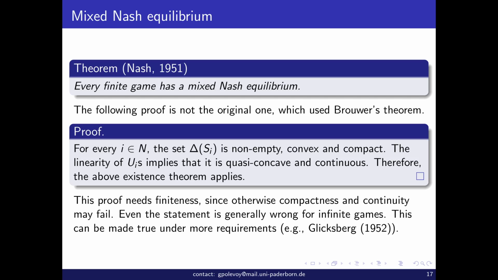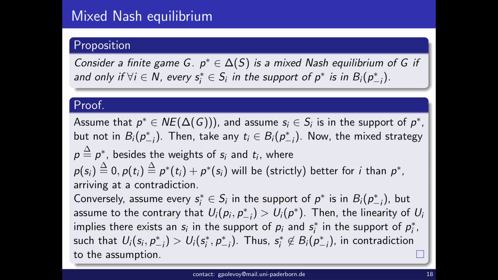Glicksberg proved another theorem which talks about mixed extensions of infinite games, but let us not go there right now. And let us now go to a proposition which is very, very important. It's quite simple, but it's very important in the study of mixed Nash equilibrium.